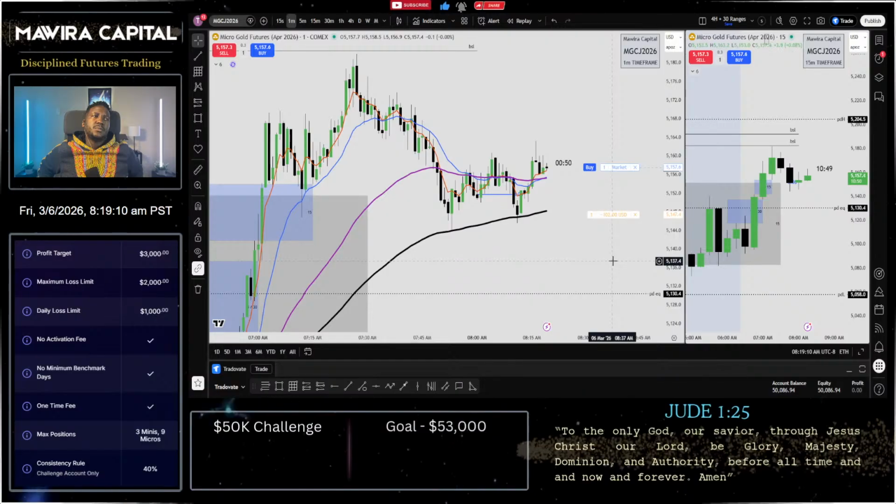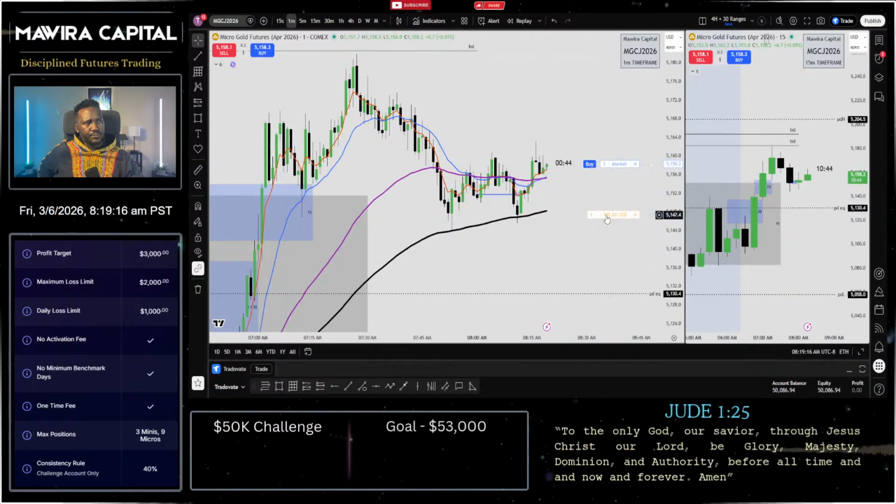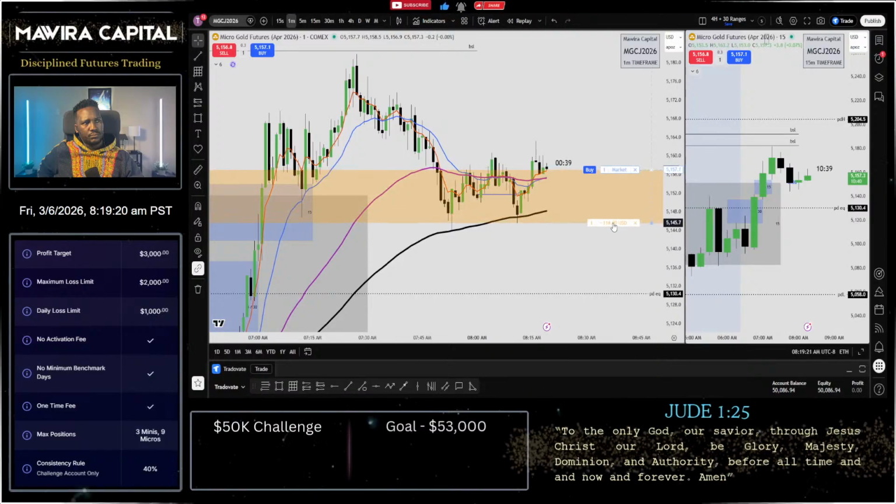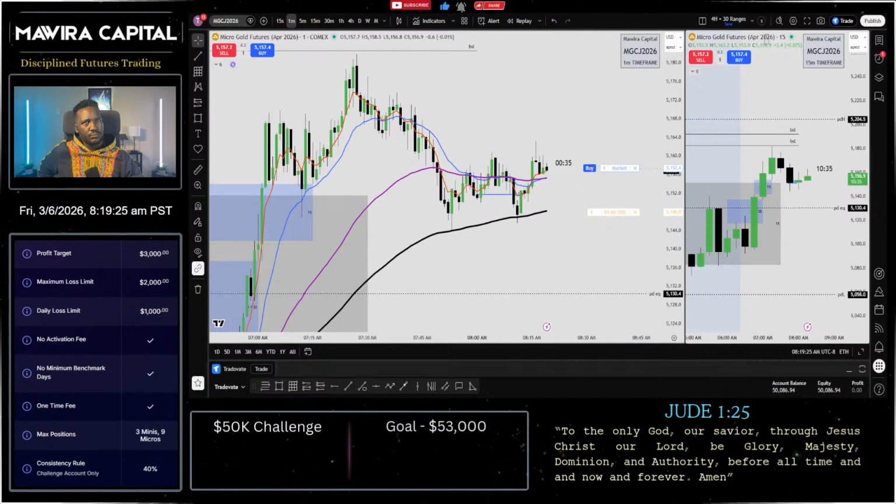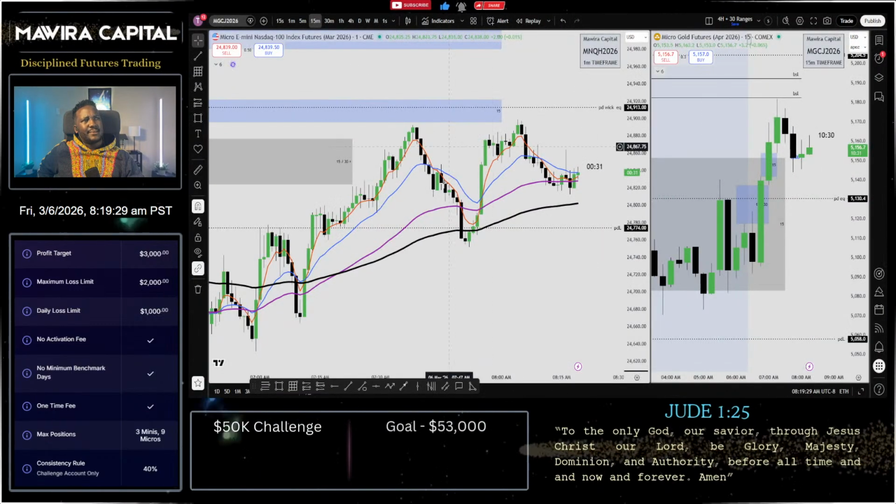Now I need to see a retracement. Or maybe not just yet. So with Nasdaq, I'm not seeing anything.